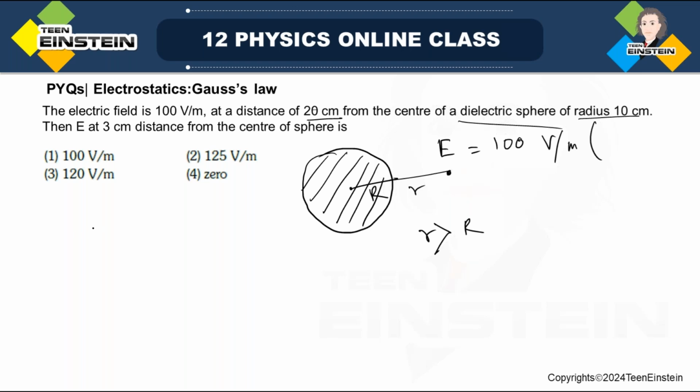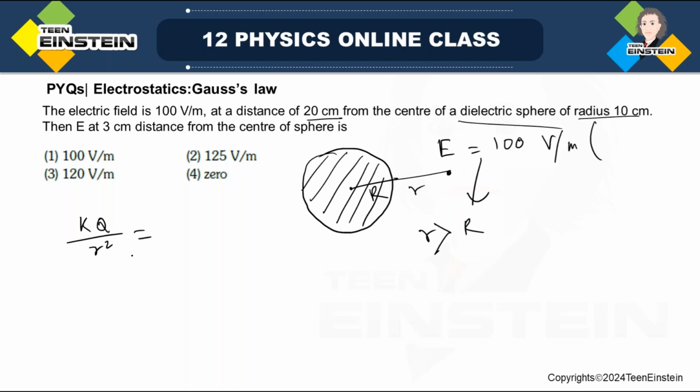We know the electric field for any outside point, as you see in the figure. For any outside point, it is kq by r square.